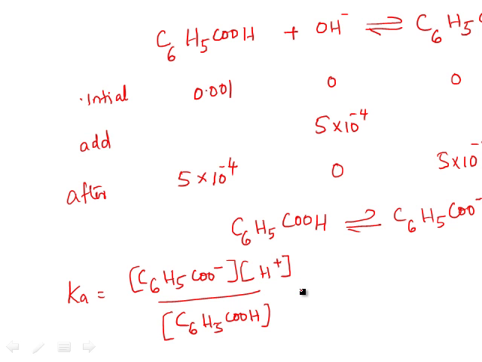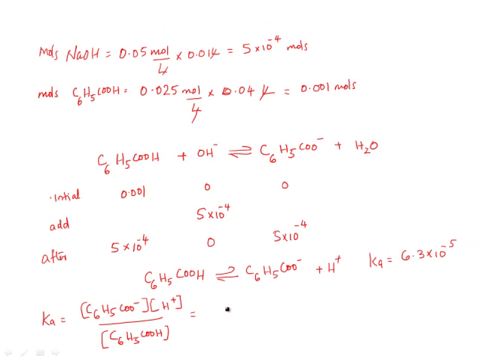Now let's substitute the numbers. What do we know? Do we know the C6H5COO minus concentration? Right here. 5 into 10 to the power negative 4 multiplied by, we don't know H plus concentration because this table doesn't contain an H plus, right?